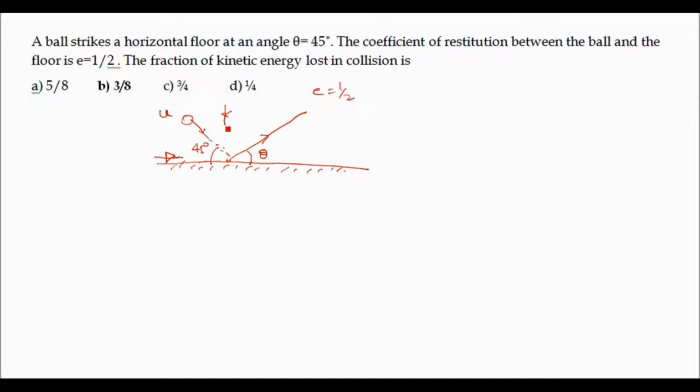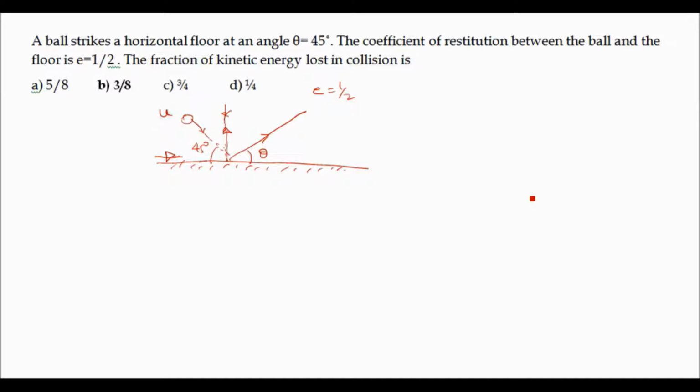So this velocity which is normal to the floor will suffer a change in velocity. Like if it is moving with a velocity v, then after collision it will rebound with a velocity equal to ev.